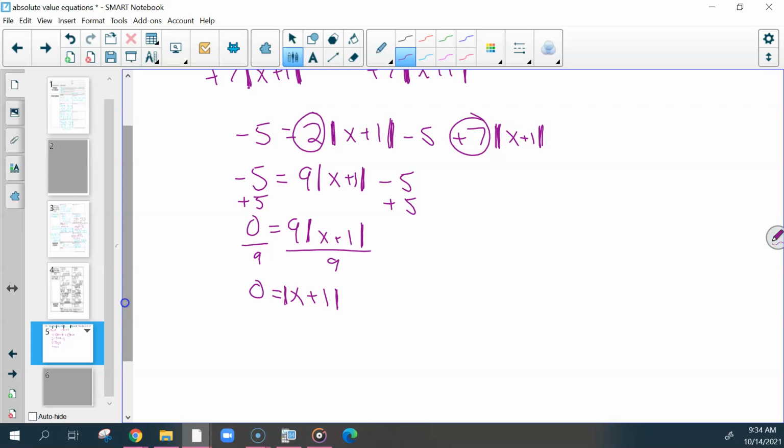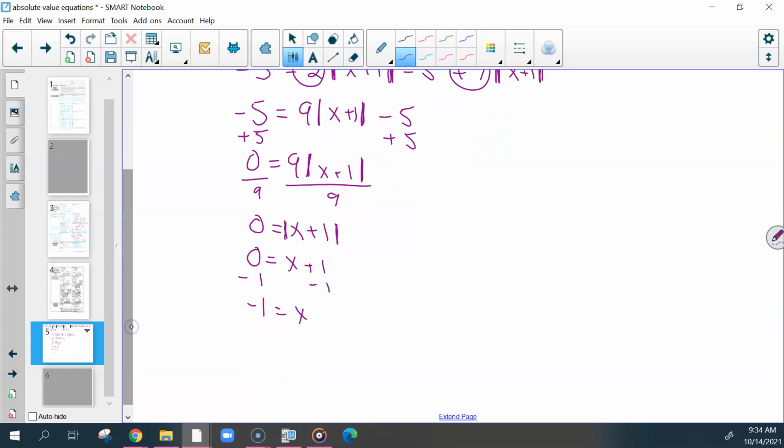So if you got something that canceled out, there is no such thing as a positive and negative 0. So this one you would only solve once. I think it would still ask for a solution set, and it would just look like this.